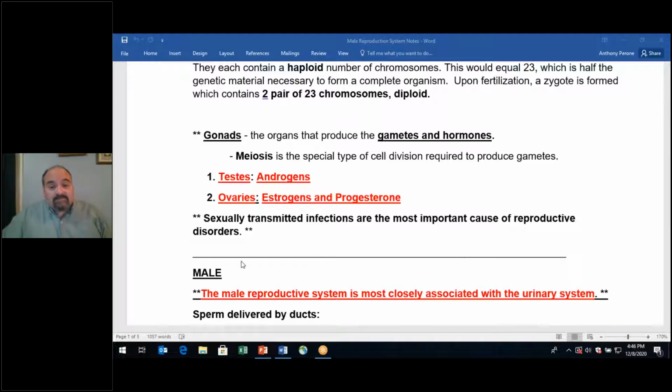Okay, and I'm also going to make mention of and share with you all regarding sexually transmitted infections. Most important cause of reproductive disorders, folks. And I've seen this in my extended family.